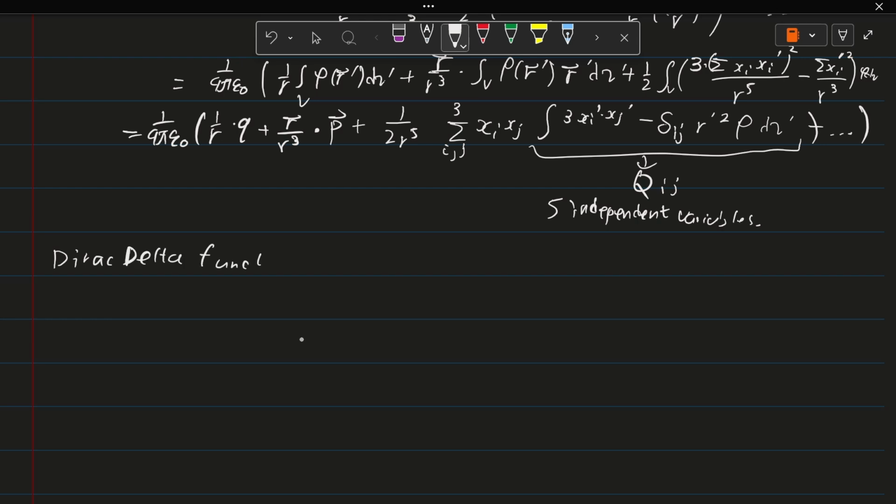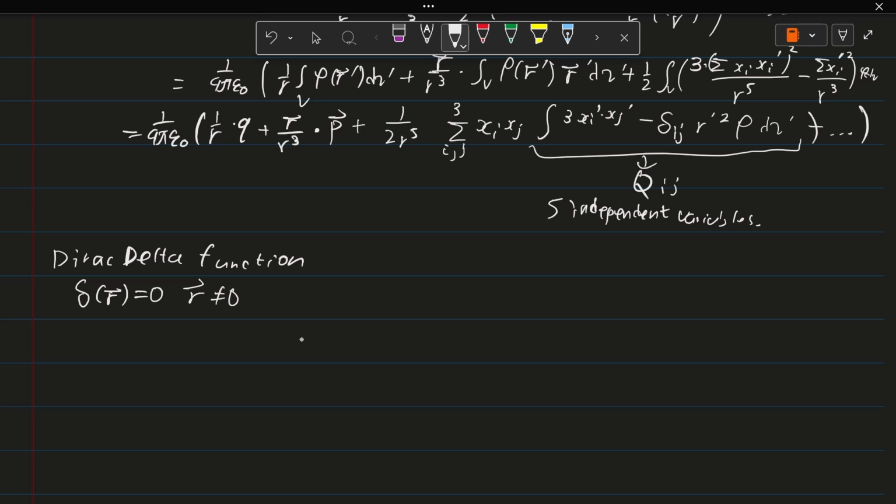So we know about the Kronecker delta, in which i equals j must be 1, otherwise everything else is 0. So if you extend this for the idea of a function, you could have this Dirac delta of this r vector here to be 0 when r vector is not 0.